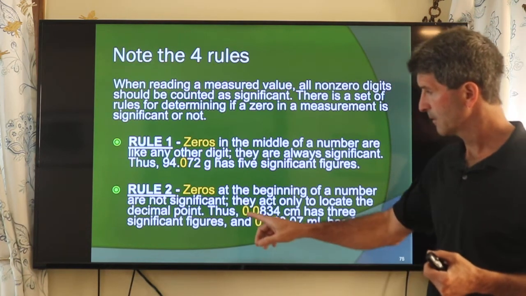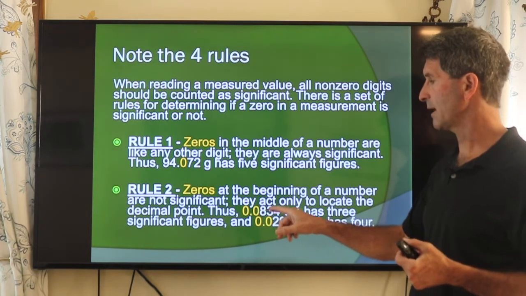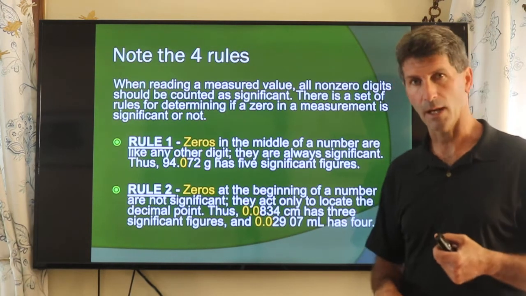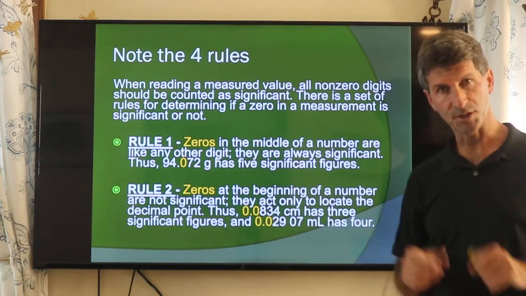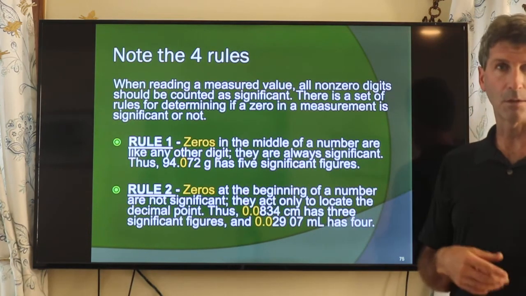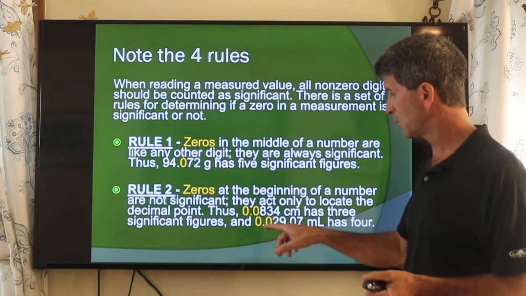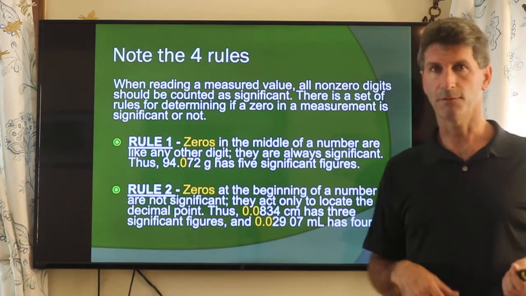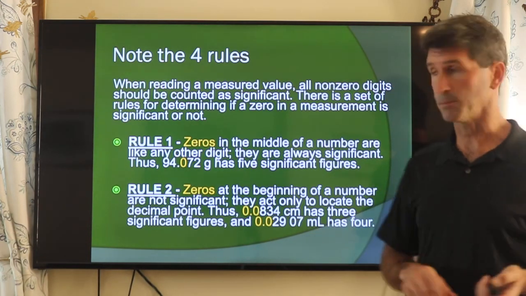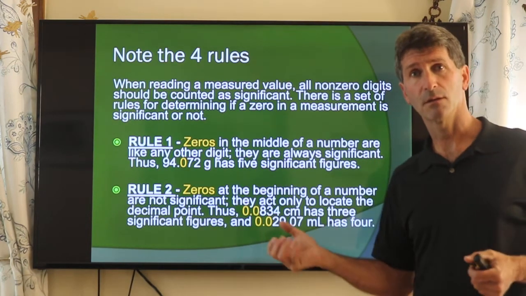So here, these 2 zeros in front of 0.0834, there's only 3 significant figures because that 0 just pushes it to a lower power of 10. Same thing here. 0.02907, only 4 significant figures there. Those zeros are placeholders that show you that the figure is actually smaller.